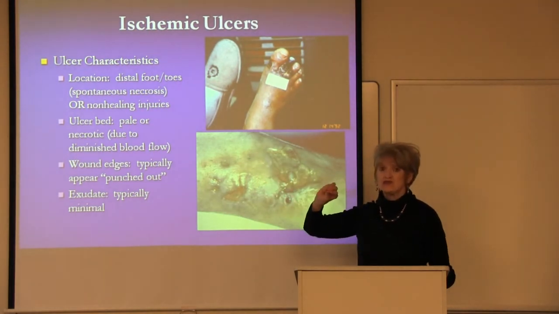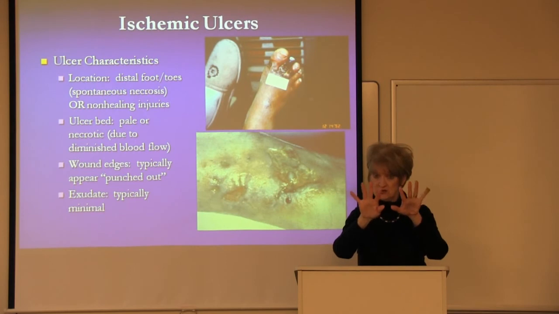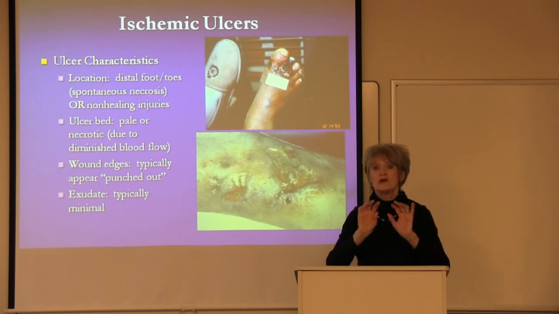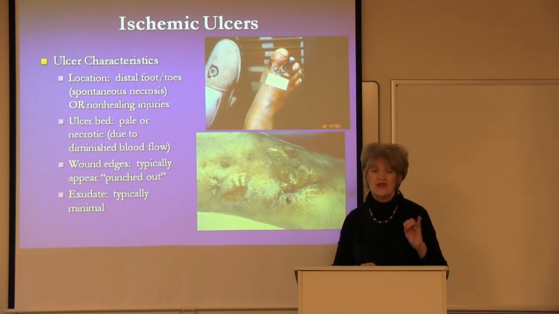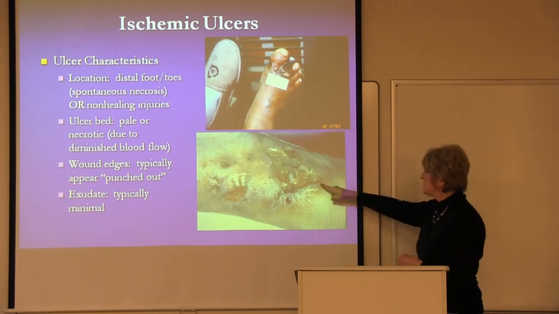So arterial ulcers are going to occur either distally, on the toes, or you may get an ulcer that began with a traumatic injury. Because there was not enough blood flow to support healing and to control bacterial loads, that small traumatic injury turned into a large non-healing wound. That's what you see here.